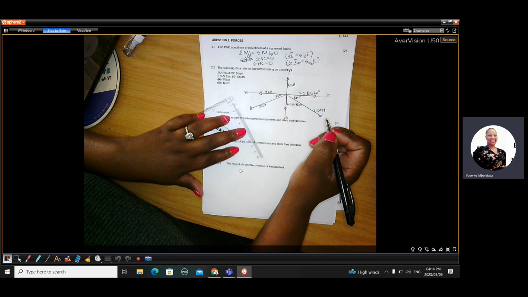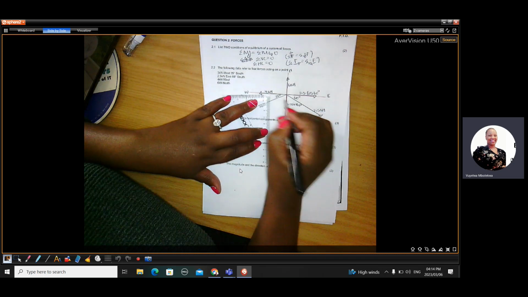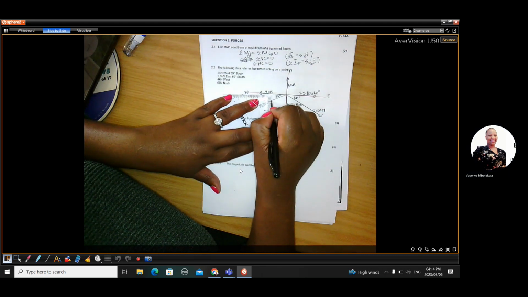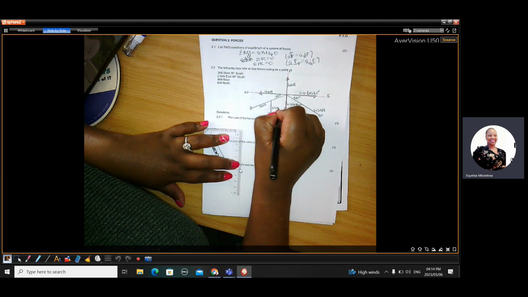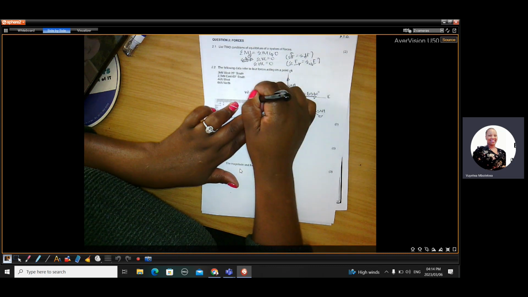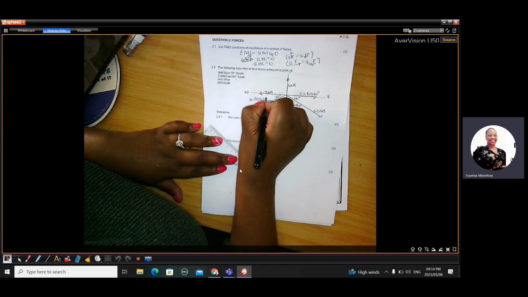Then for the 3 kilonewton force, you're going to have a downward component, which is 3 sine 35. And then you're going to have the horizontal component, which is 3 cos 35.